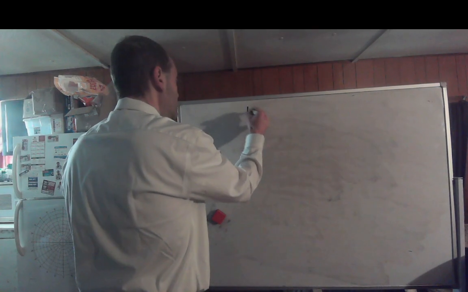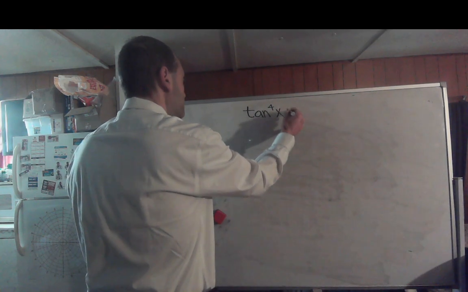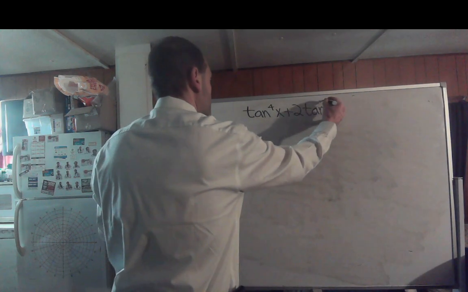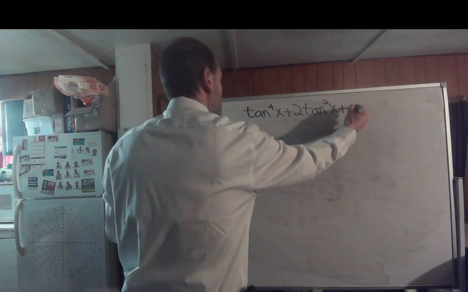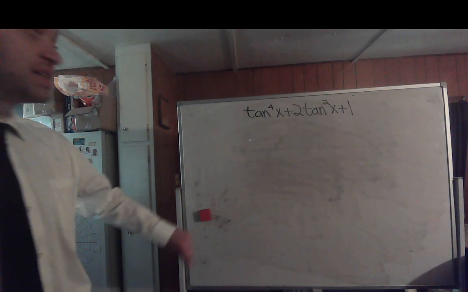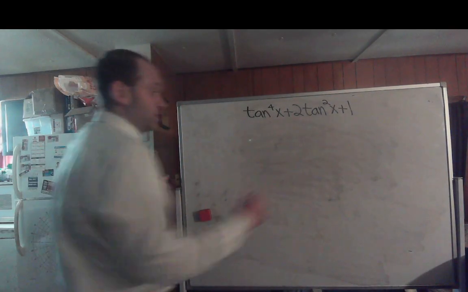All right, now here's a good one. We have the tangent to the fourth of x plus 2 times the tangent squared of x plus 1. So this definitely takes the form of a quadratic equation, only with trigonometry.